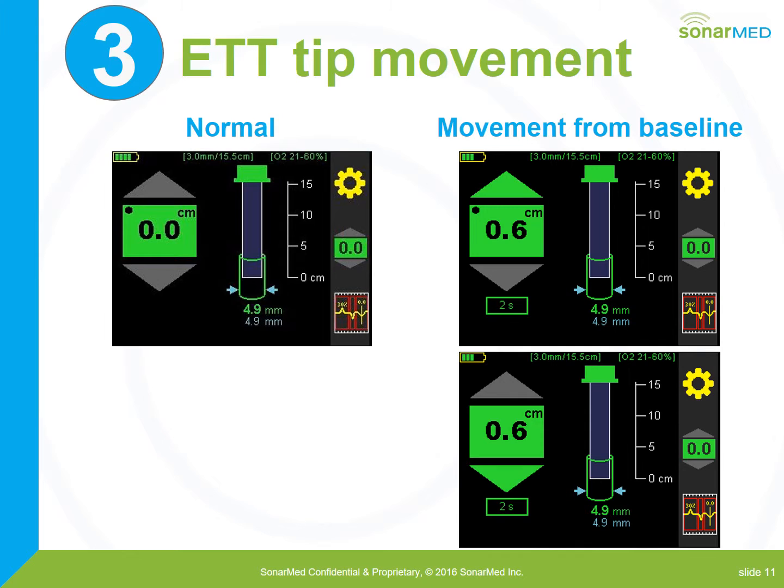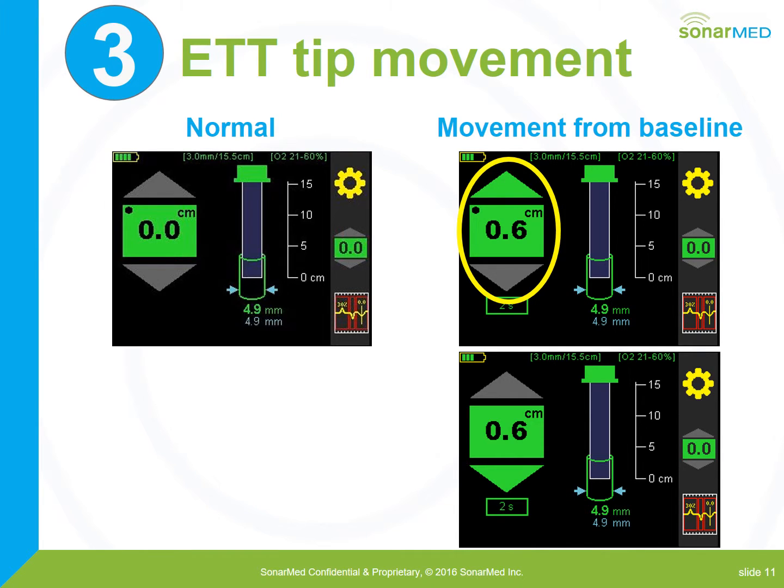On the right, at the top, I show the arrow that's pointing up, illuminated in green, and it says 0.6. That means that the tip of the tube has moved up 6 millimeters, or 0.6 of a centimeter, up towards the cords. On the bottom, I'm showing 6 millimeters of movement down toward the carina.